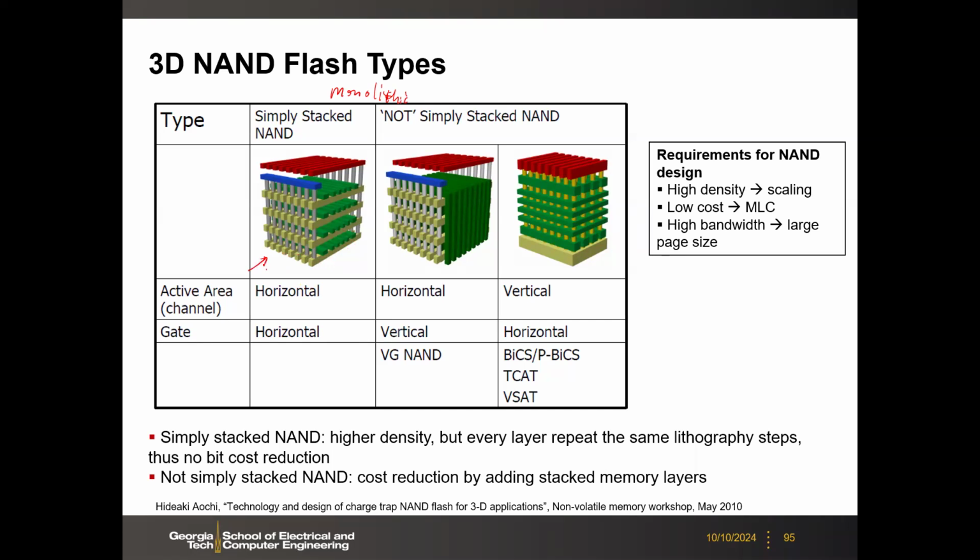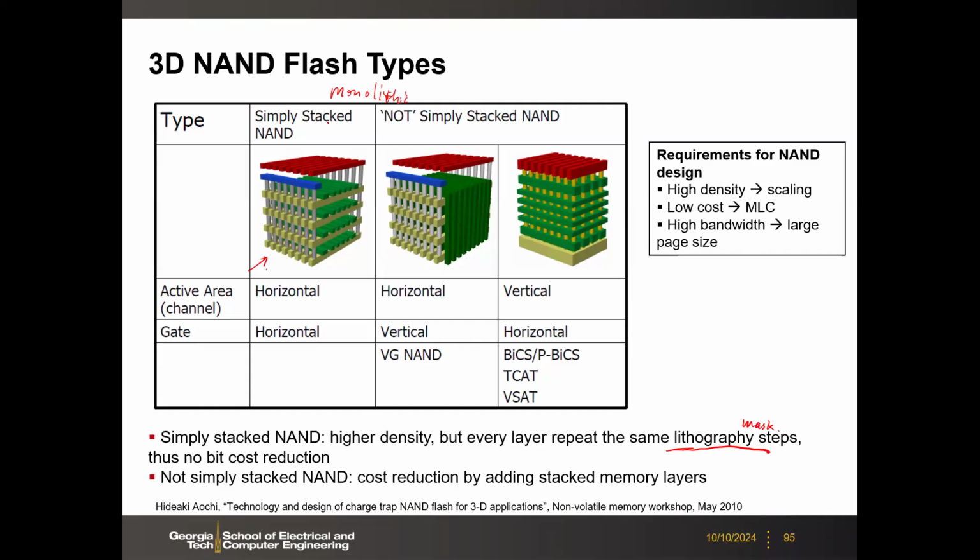Because I have to emphasize the most cost-effective step in the manufacturing, no matter whether it's logic or memory, is the lithography, or the number of masks you use to do the fab. If you do this simply stacked NAND flash, you repeat the same process layer by layer, so you do not save the lithography steps.